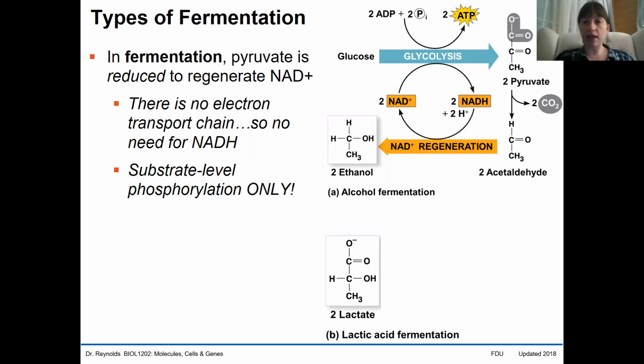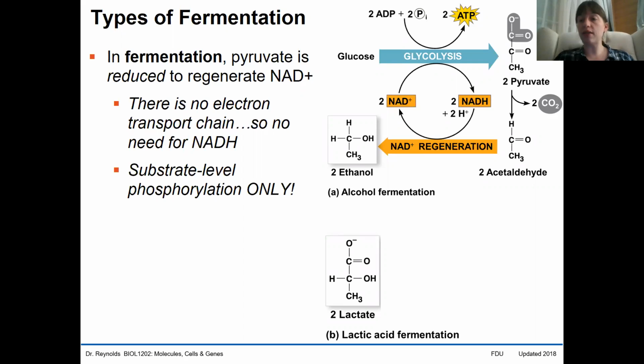You'll recall from glycolysis that during our energy payoff stage, we actually need to utilize a molecule of NAD+ to accept a pair of electrons so that we can use our triose phosphate dehydrogenase to create the next step. This means that this is a reactant.